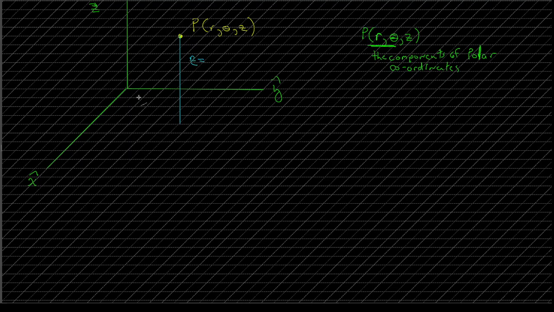And then the r dimension is from the origin to that positional component. And then theta is the angle between the x-axis and the r component, theta.